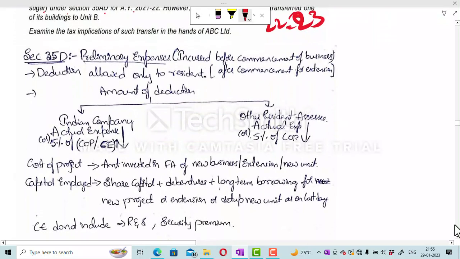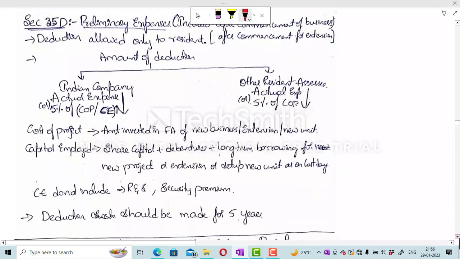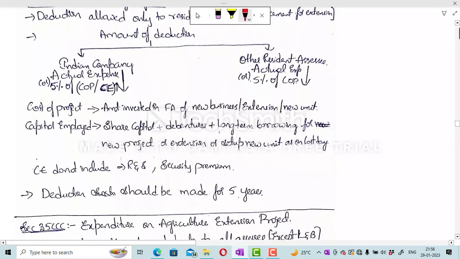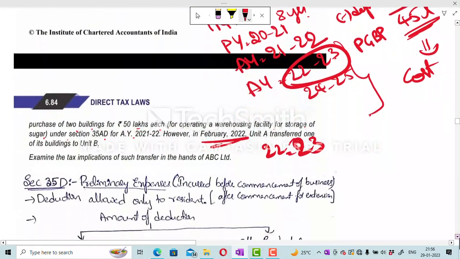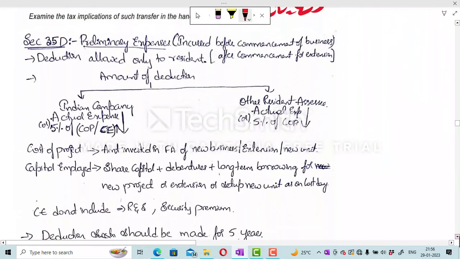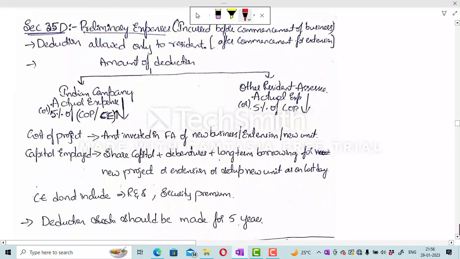Till now we have completed the big sections regarding deductions. So the next deduction is preliminary expense. What is meant by preliminary expense? Expenses we have incurred before commencement of business. It might be legal fees and so on.